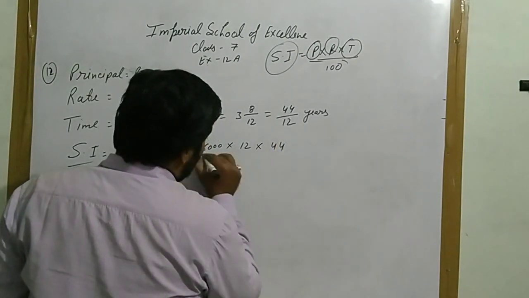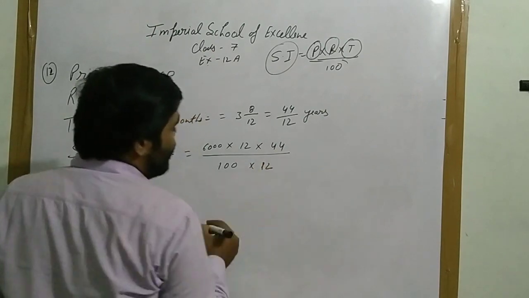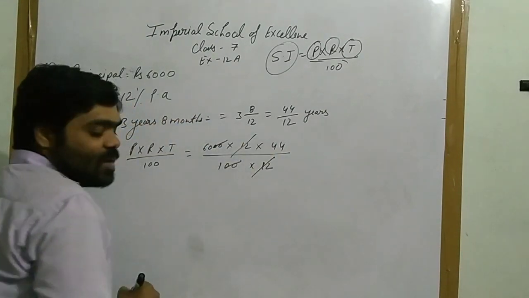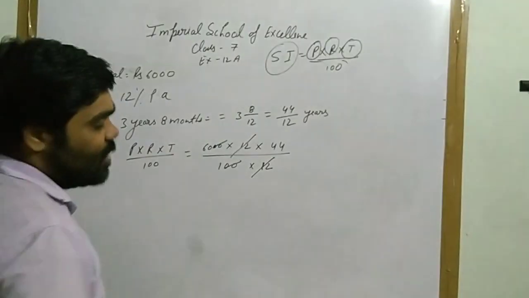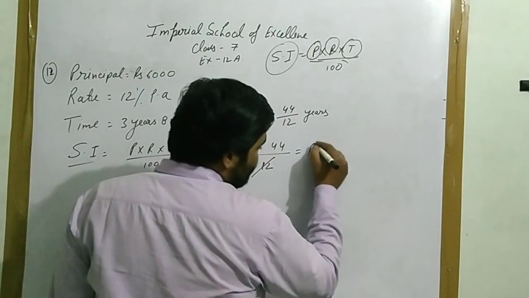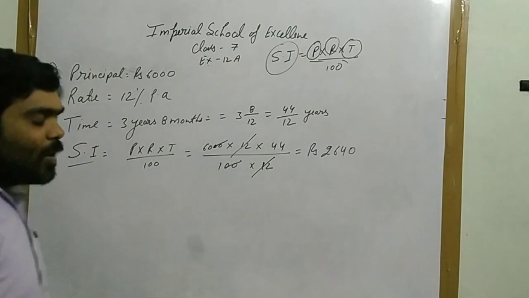Write here 44 upon 100 into 12. 20 cancel, 12 from 12 cancel, 60 into 44. When you multiply 60 into 44, it will be rupees 2640.